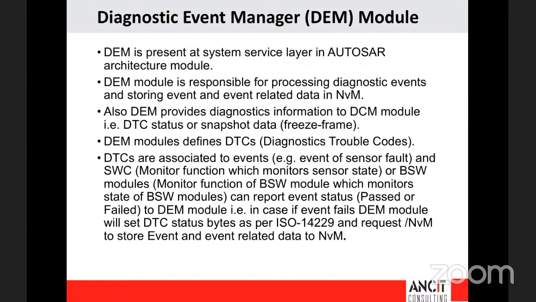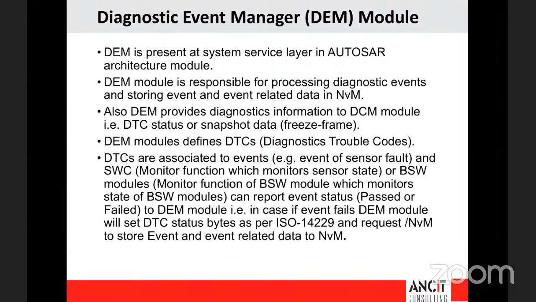For example, if I have a sensor A, and that sensor A has failed because VCC is not being supplied to it properly, that means the VCC for that sensor is not between 4.5 volt to 5.5 volt, then that particular error will have a particular DTC.